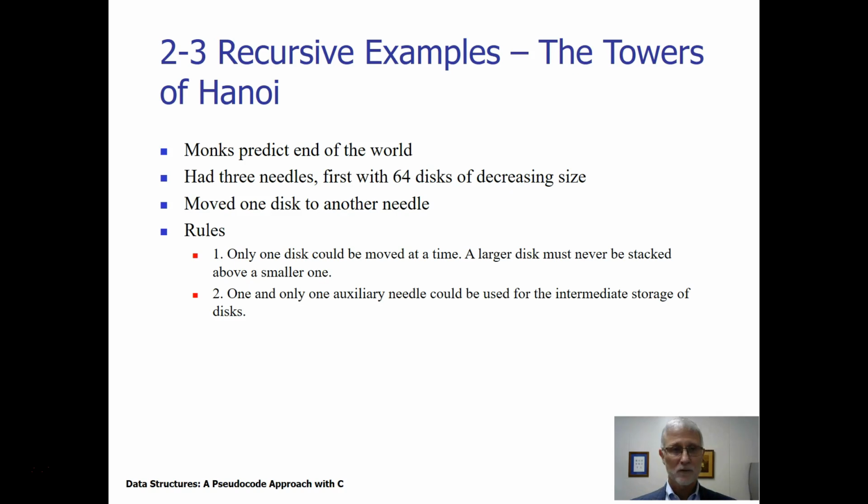So the rules were I could only move 1 disk at a time, and a larger disk is never stacked on a smaller one. So it always has to be largest to smallest. And then only one auxiliary needle could be used for intermediate storage. So it seems fairly simple.